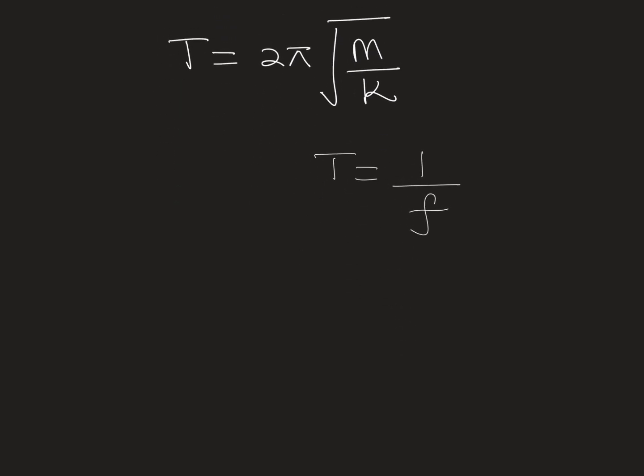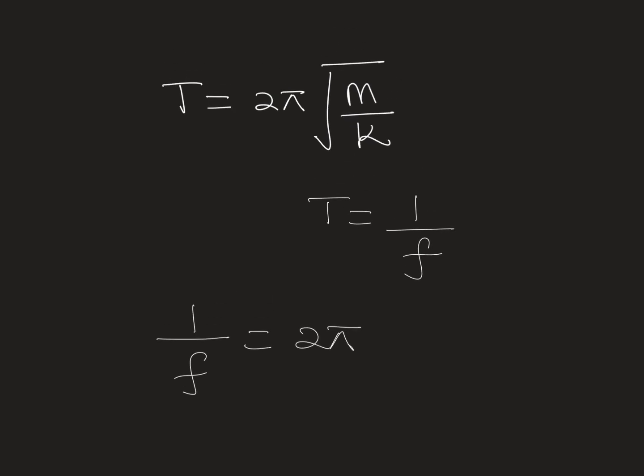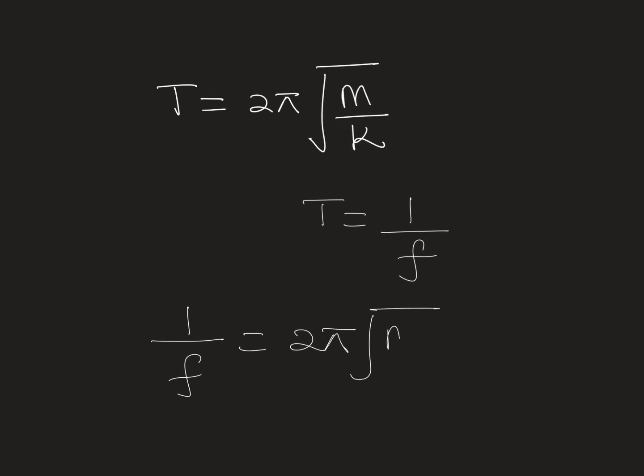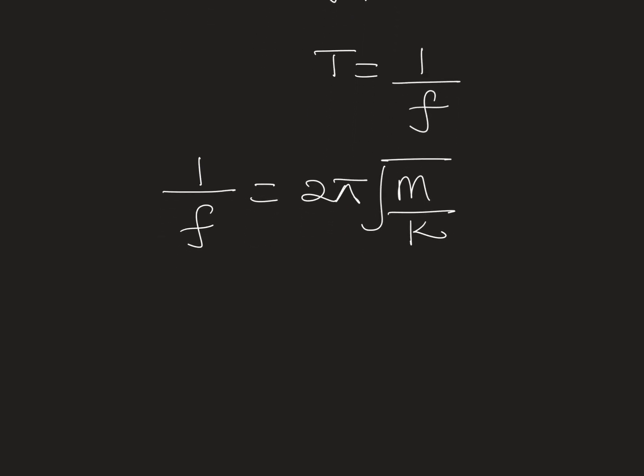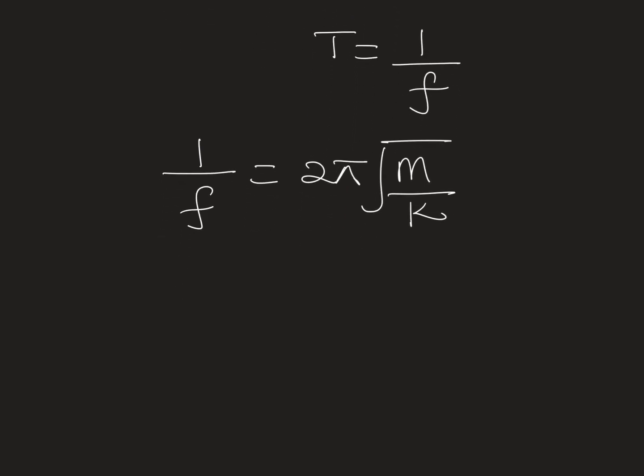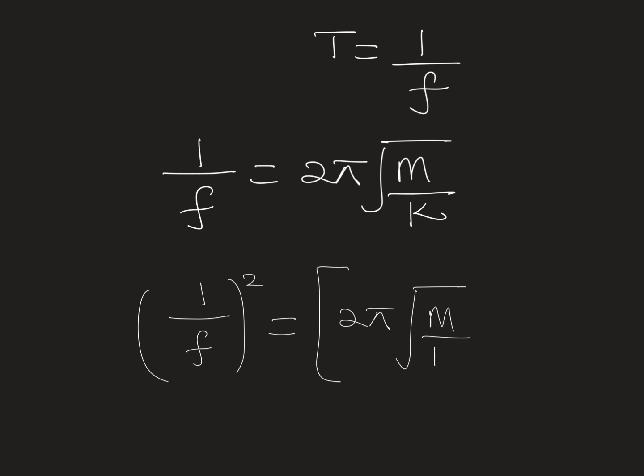So we can say 1 over F is equal to 2 pi the square root of M all over K. So now squaring both sides, that is going to be 1 over F all squared is equal to 2 pi the square root of M all over K all squared.